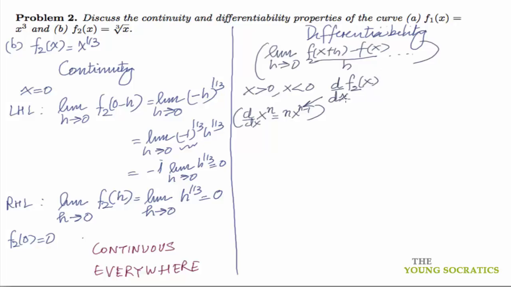So d by dx of f2(x) for these two regions will be equal to 1 by 3 times x^(1/3 minus 1), and this is 1 by 3 times x^(-2/3).